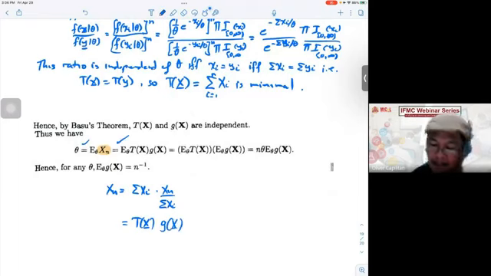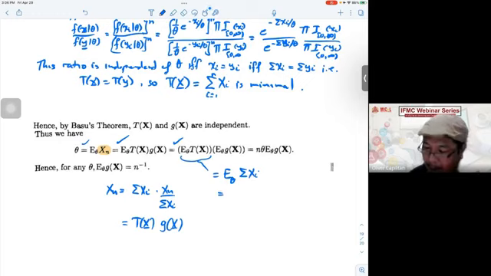So ito g of x. Okay, so satisfy yan. And then since we know that T of x and g of x are independent, totoo yan. And then the expectation of T of x, itong part na to, is equal to the expectation of the summation of the x sub i.